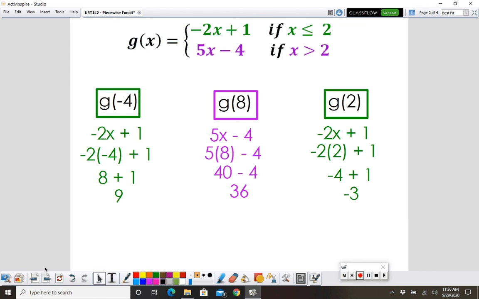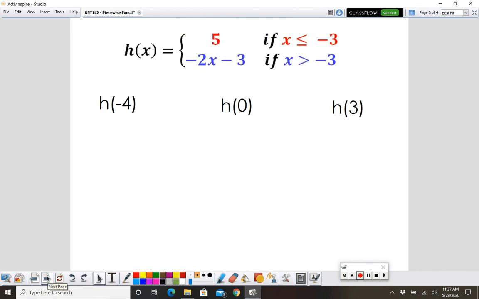Now there are two situations I want to talk to you about, so I'm not going to do these whole problems with you. This one, I want to talk about this part right here. This isn't an expression. It's not something we plug into. What this means is that anytime we get a number that's less than or equal to negative 3, our answer is just 5. There's nothing to do.